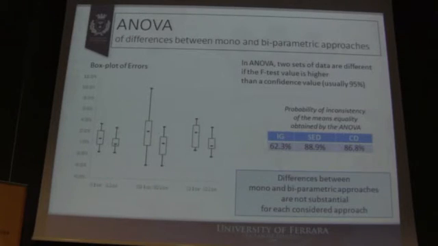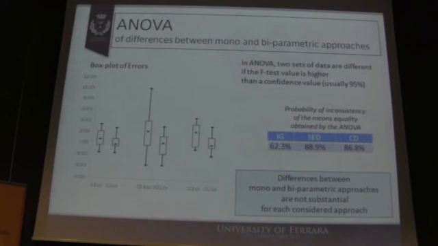So here you can have the scatter of the estimation for the implicit gradient from the monoparametric version to the biparametric version, and the same for strain energy density and the critical distance.